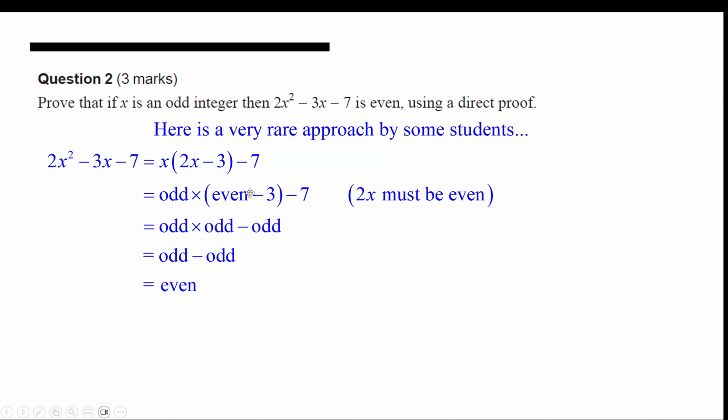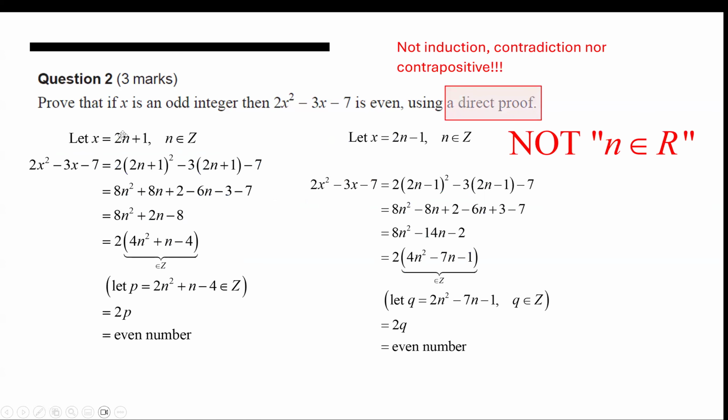And also the minus 7 is an odd number. So eventually you get a product of two odd numbers, subtracting an odd number. And the product of two odd numbers will be an odd number as well. So the difference between two odd numbers must be an even number. Therefore, 2x squared minus 3x minus 7 must be an even number. So I would say I prefer the safer approach here, okay?